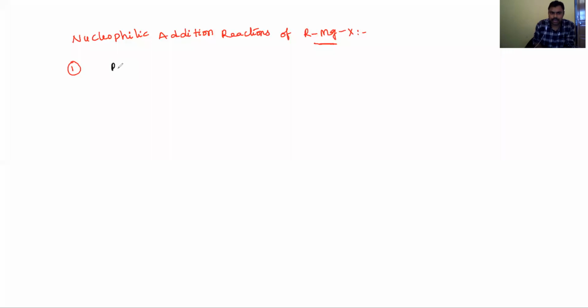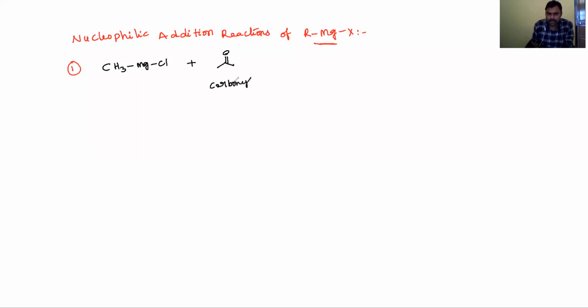In the Grignard reagent R, you can take R as CH3 or any other group. For example, CH3MgCl, methyl magnesium chloride, reacts with carbonyl compounds, that is, aldehydes or ketones, in an addition reaction.